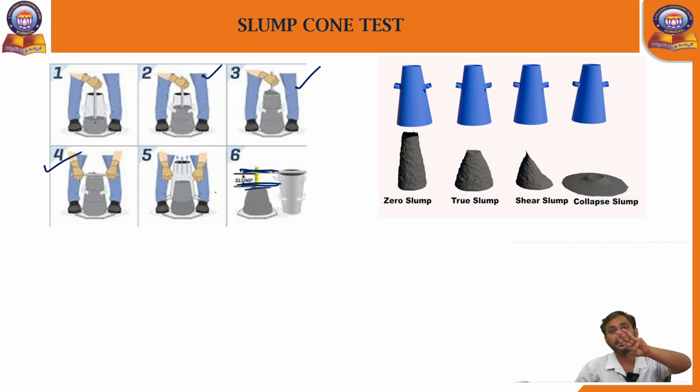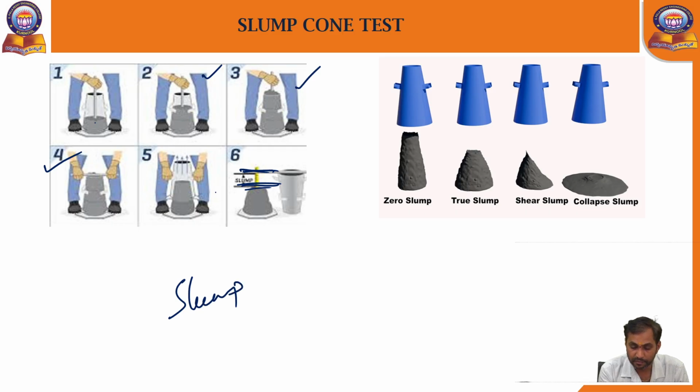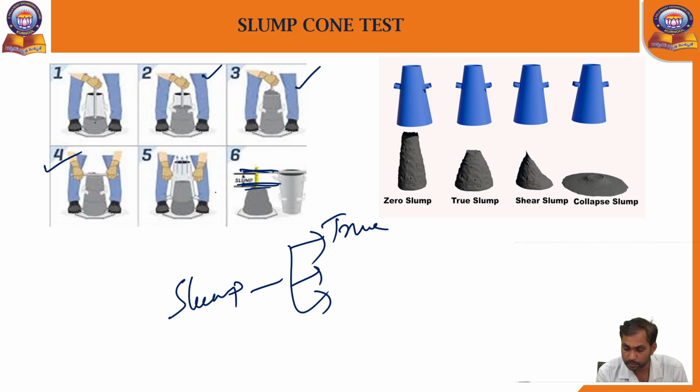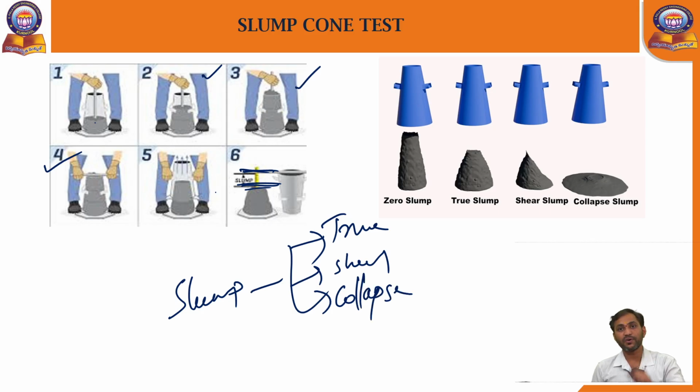Finally, you will get three types of slumps. The slump will have three types: one is true slump, the second is shear slump, and the third is collapse slump. If you have taken a water cement ratio of 0.4, then the type of concrete is a stiff workable concrete.